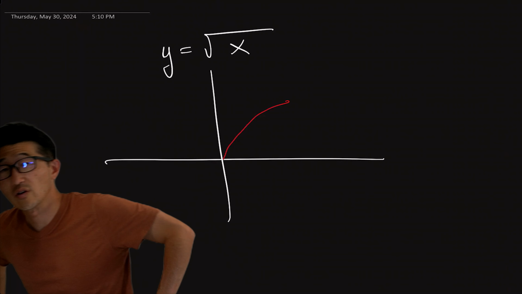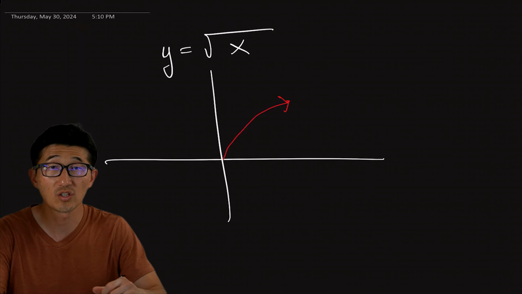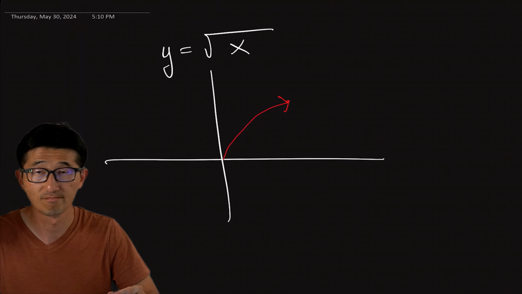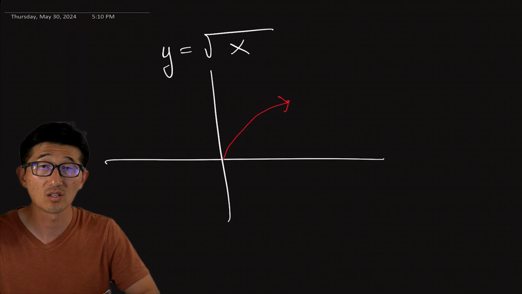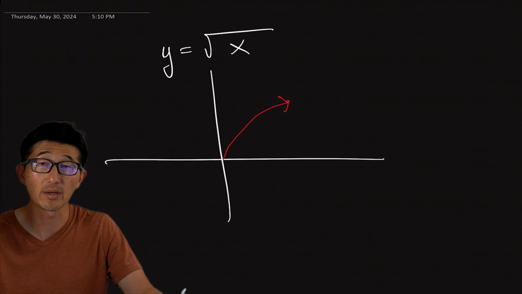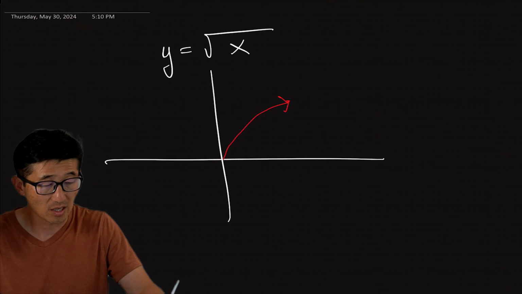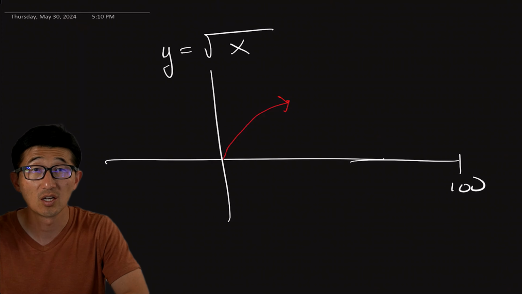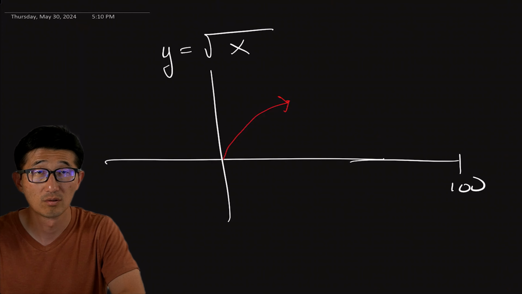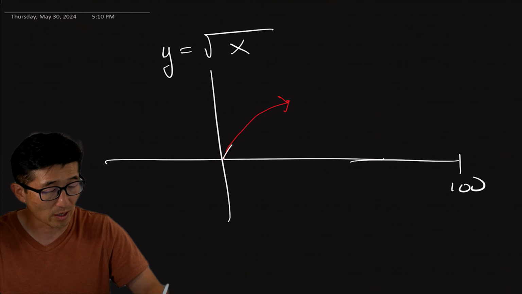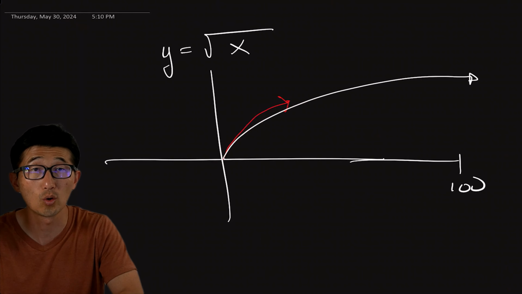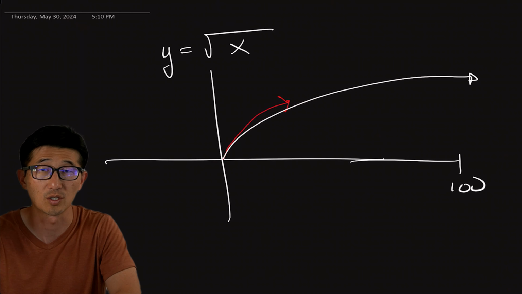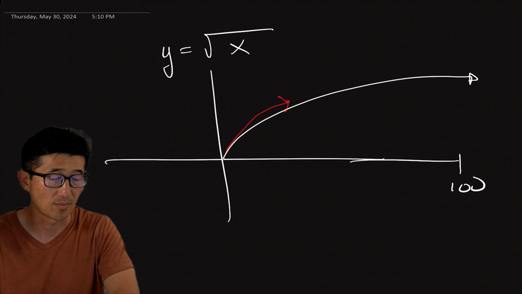You're taking the square root of a number. Can you take the square root of anything negative? No. And the square root of a number makes it really small. Like if you plug in x equals 100, what's your y value? So you're not going to go up that high, but you're going to slowly increase, but not that much, right? Okay.